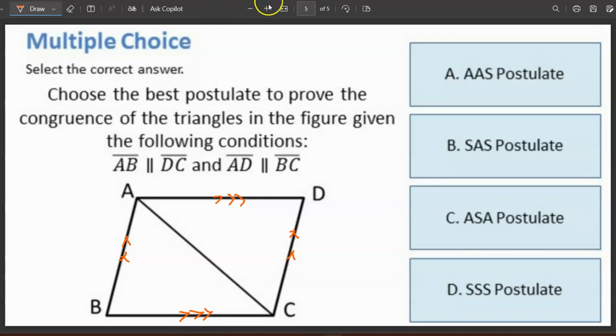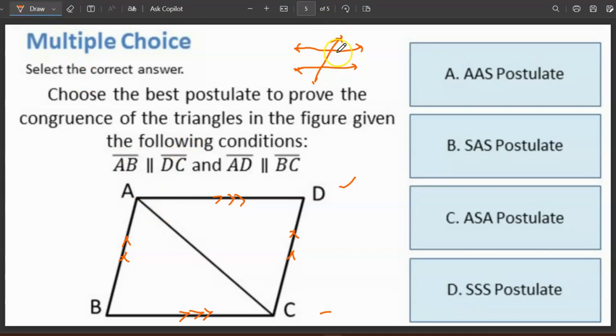If you can still recall, if we have two parallel lines and it is being cut by a transversal, we actually form different angles, right? And if these two, this line or segment, are parallel, and this will be our transversal, we have what we call the alternate interior angles.